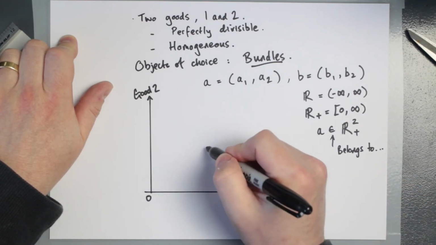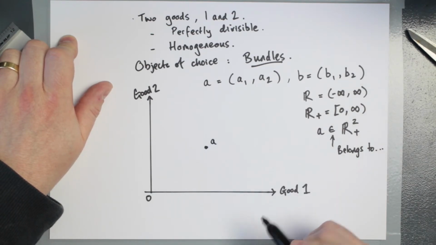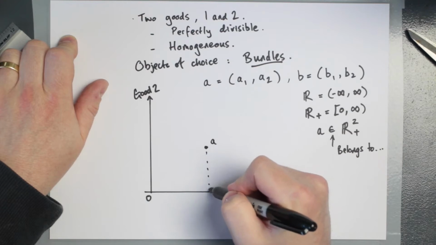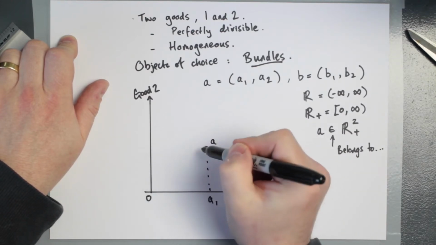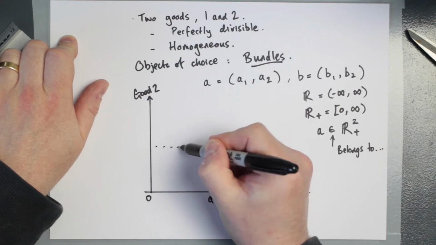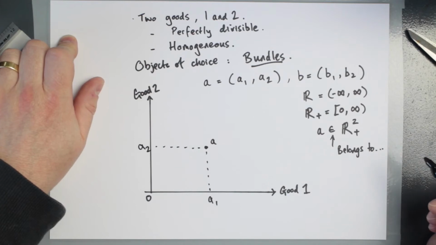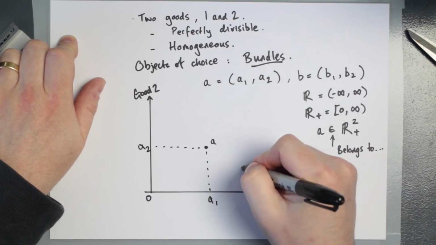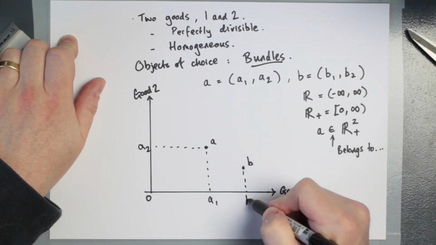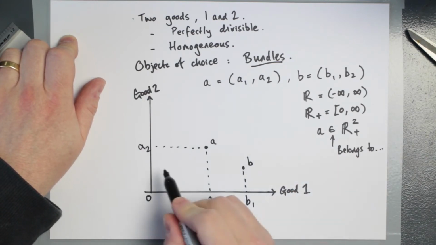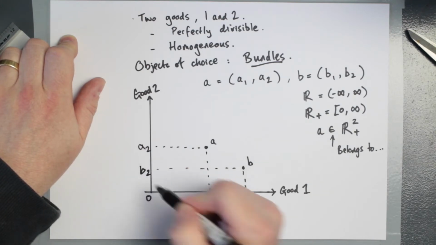So a bundle belongs to this space somewhere. If I just pick any point here, A, and label it, then I can read off along the axis that this bundle contains A1 units of good 1 and A2 units of good 2. And if I take a different bundle, B, I can read off again from the axis that B contains more of good 1, but it contains less of good 2.